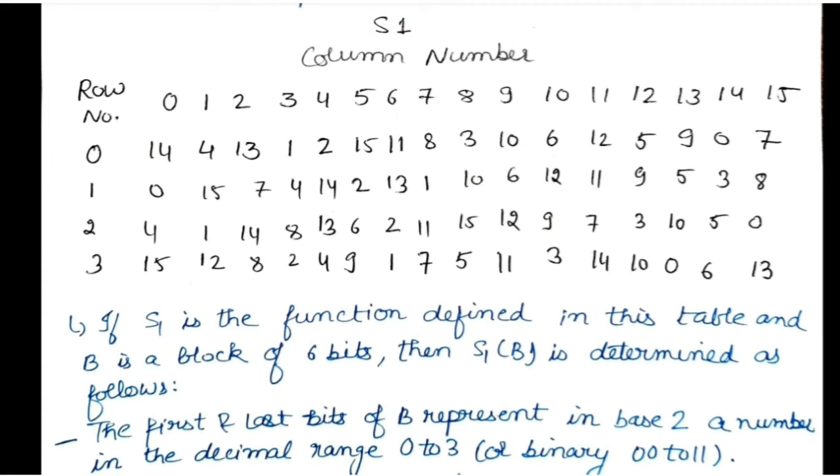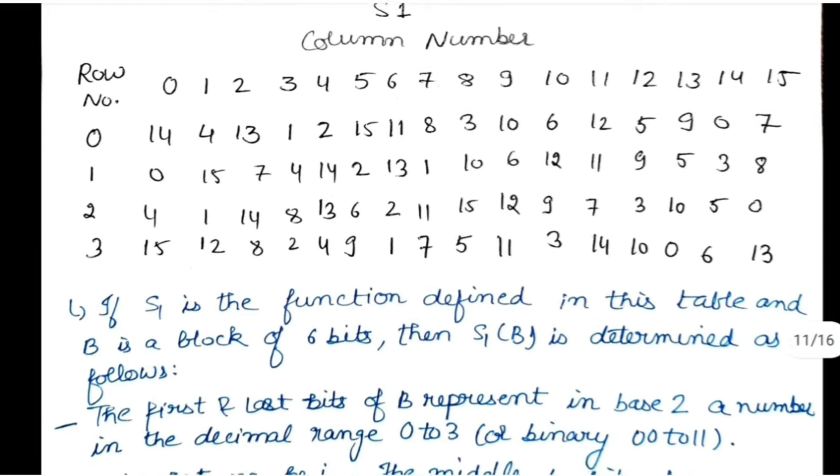So if S1 is a function defined in this table and B is a block of 6 bits, then S1(B) is determined as follows. The first and last bits of B will represent in base 2 a binary number ranging from 0 to 3, that is, 00 to 11. So this is the row number.